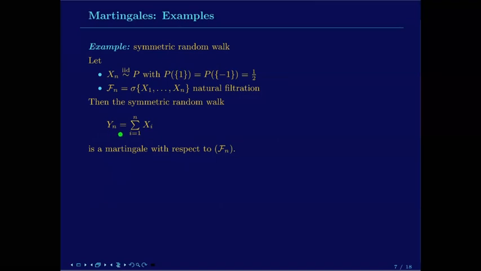So firstly, we find that Y_n in absolute value must be smaller or equal than n, because at each time we can take a step of size 1, either up or down. So after n times, there are n steps. So we can go either up or down maximally by an amount of n. And then of course, as Y_n is bounded, its expectation is also bounded.